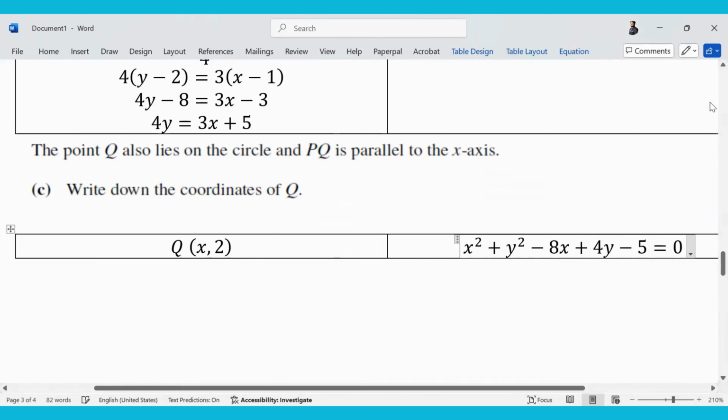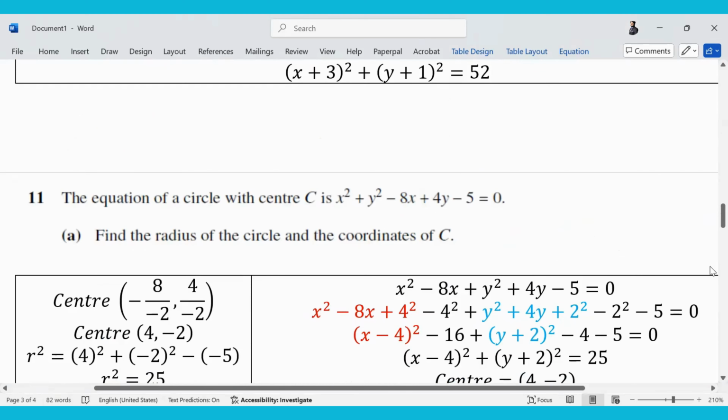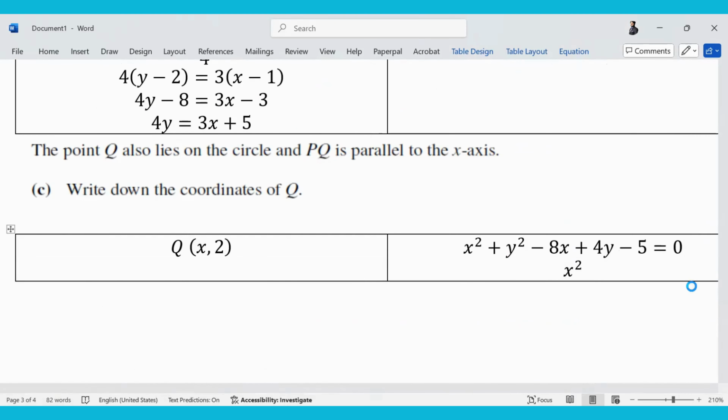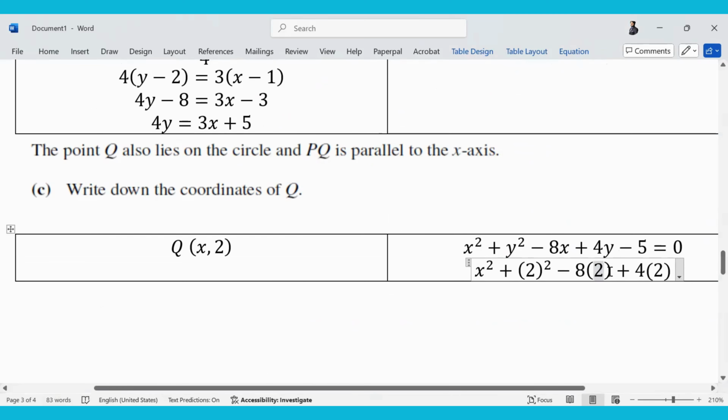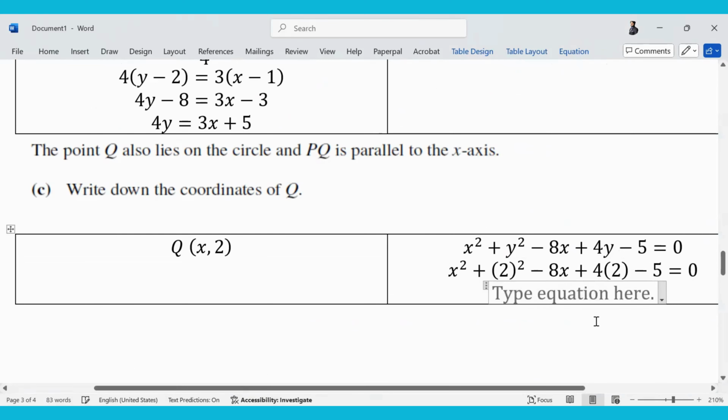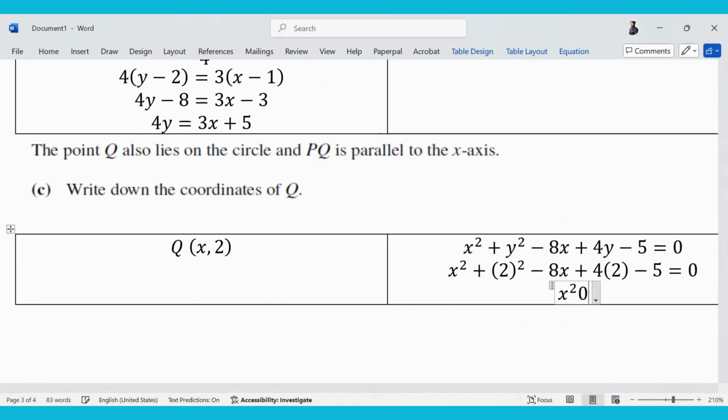Is that the equation of the circle? इसमें y की जगह I can plug in 2. x की जगह नहीं डालना, 2 गलती से हो गया. Minus 8x, 8, 12, minus 5.